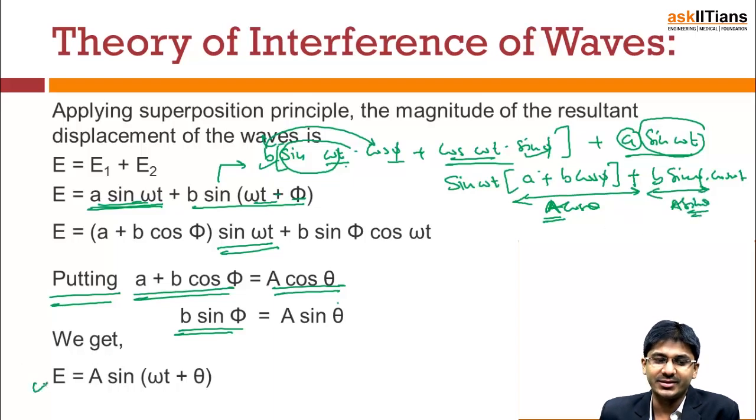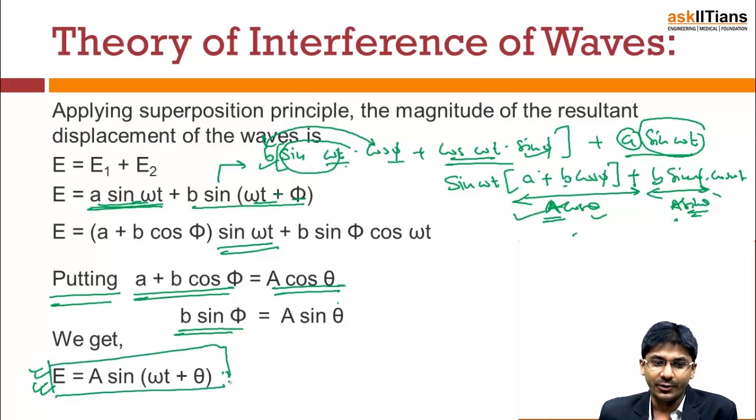So that the equation looks simpler. We can always find A and theta such that these two will satisfy this. Okay. So what we get is that the resultant value is A sin (omega t plus theta), where A is a constant that you can find out from these two equations.